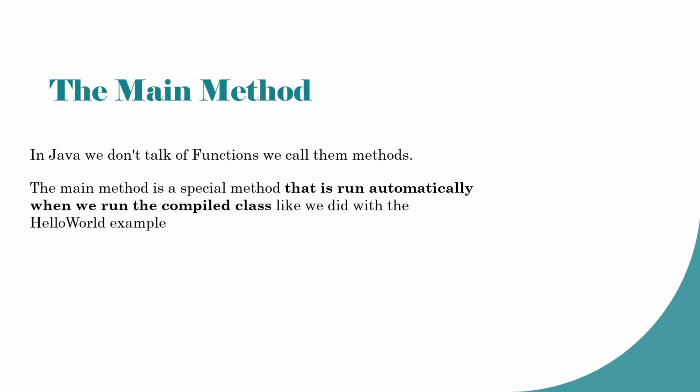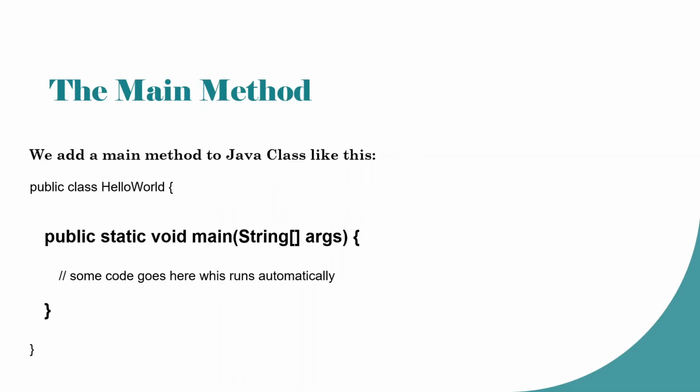So when we said Java space hello world to run the compiled file, it ran the main method. So here is the code for the main method, and you can see this is a void method. Remember I mentioned earlier there were two types of methods. Methods that return something and methods that didn't. So this doesn't return anything, but it does something, and in our case it displayed the message hello world.